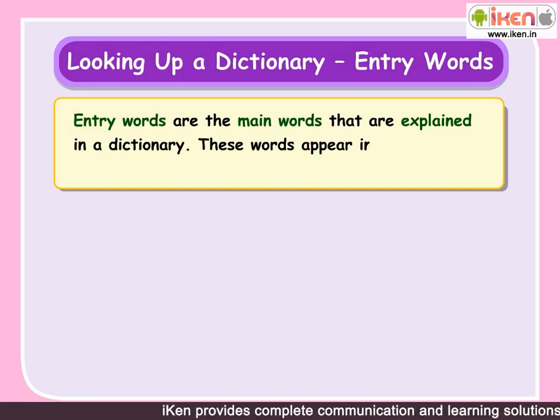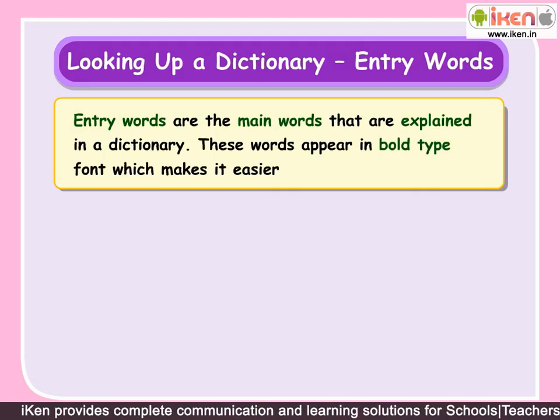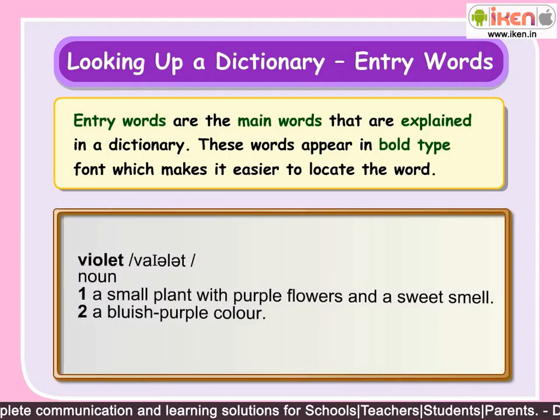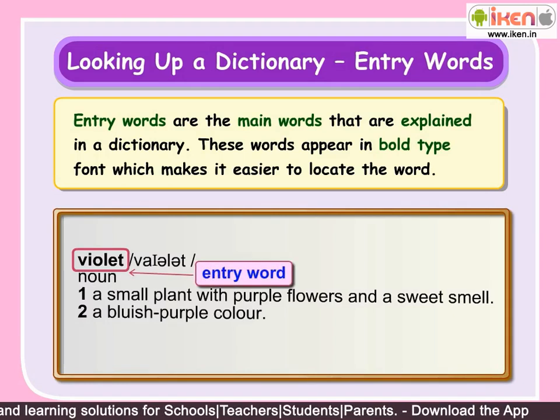These words appear in bold type font, which makes it easier to locate the word. For example, the word violet is an entry word. It has a bold type and slightly bigger font compared to that of its information.